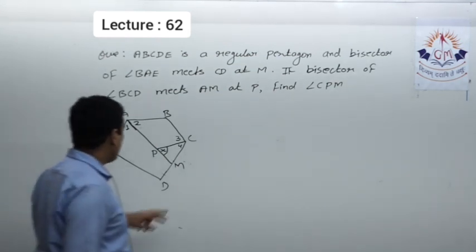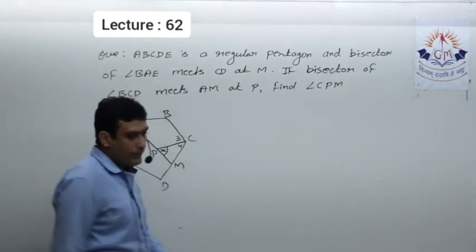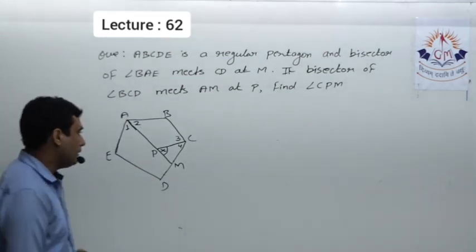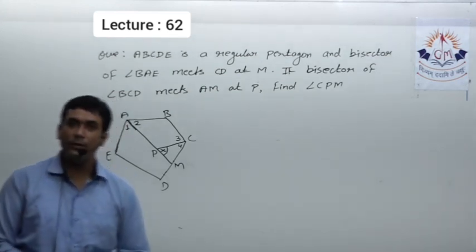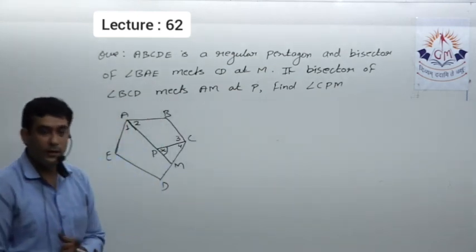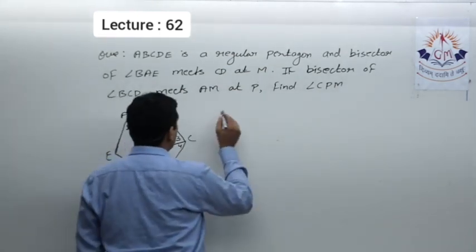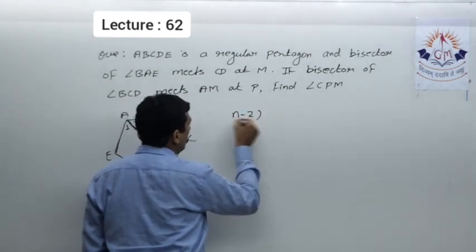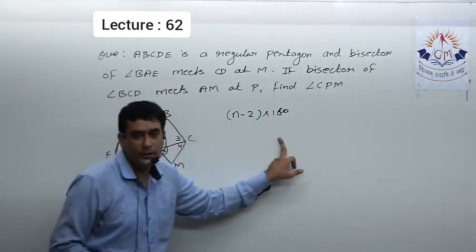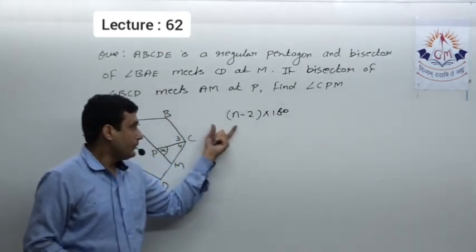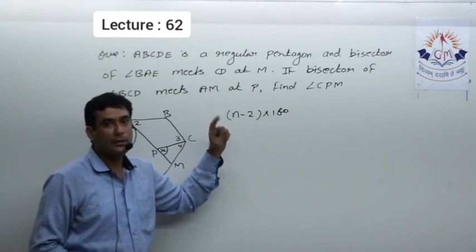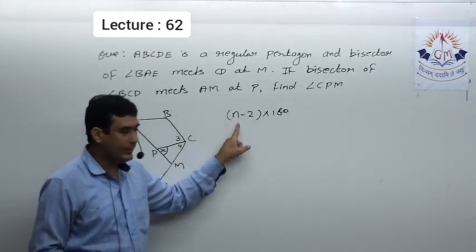See, first of all, it's a regular pentagon. Regular pentagon means all its sides are equal as well as all its angles are equal. So first we have to find the measure of each of its angles. For that you must know that the sum of all the internal angles of a polygon having n sides is (n minus 2) into 180 degrees.